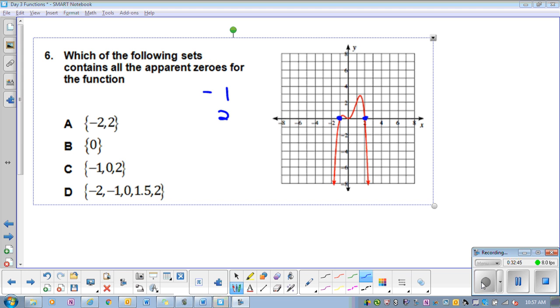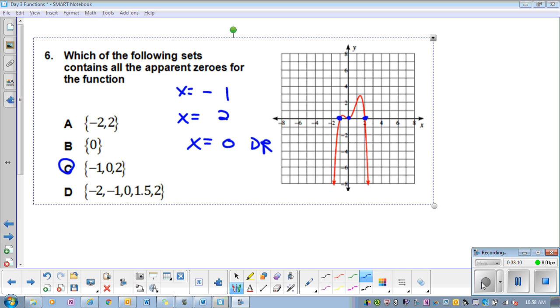And 0. Good. And actually, the one at 0 is a special one, isn't it? What is that called again? Origin. Well, 0, 0 is the origin, but no, it bounces off. So that's a double root, right? So what is it? -1, 0, 2? C. Yeah. Just because it's a double root doesn't mean we write it twice.